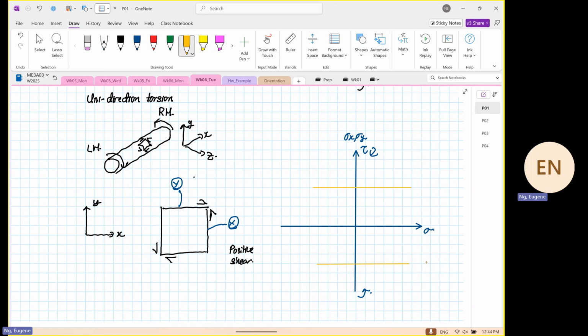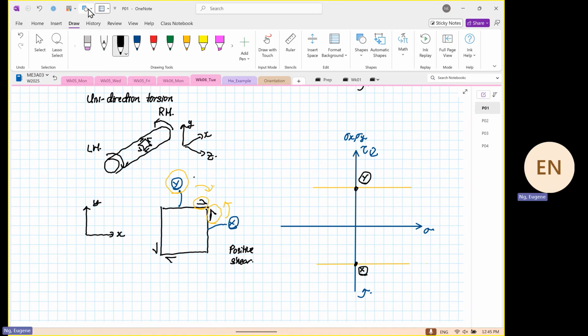At point X, the element will rotate clockwise or anti-clockwise. If you look at point X, the element based on this arrow will rotate in what direction? Counterclockwise. So counterclockwise over here, this is your point X. And on Y, based on the shear down here, it's going to rotate in a clockwise manner. So this is now your Y.